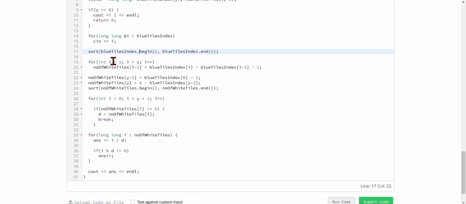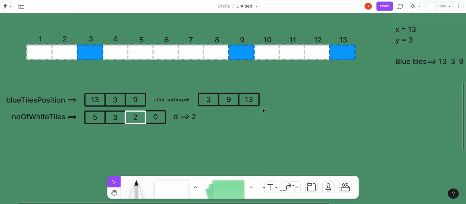Here we have the loop starting from i equal to 1 and going to y minus 1. If we start from i equal to 1, the pointer points to 9, so we will consider 3 and 9.